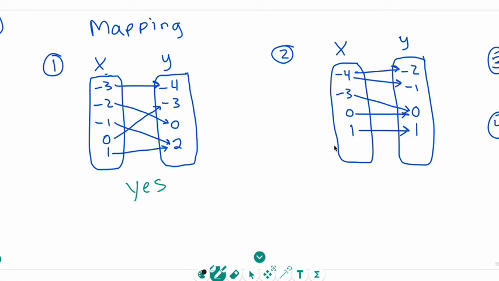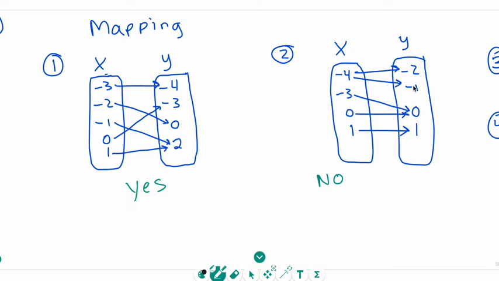Let's look at number 2. Again, we took our relation, our set of ordered pairs, and we mapped them. Now we're going to check to see if this is a function. So I have -4 goes to -2 and -1. So my x value has two y values. That means no, it is not a function.